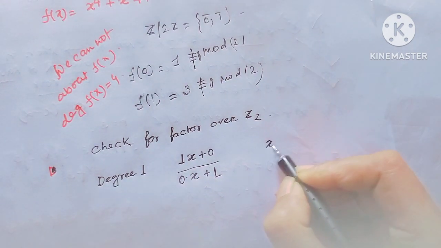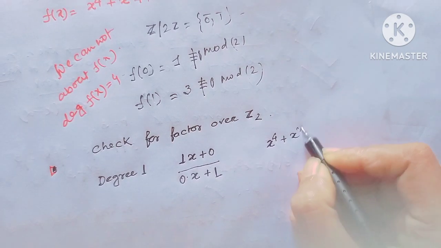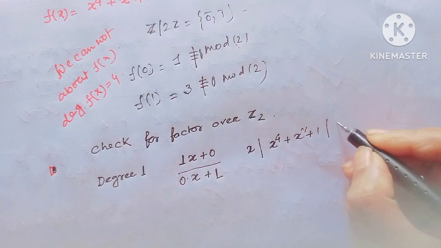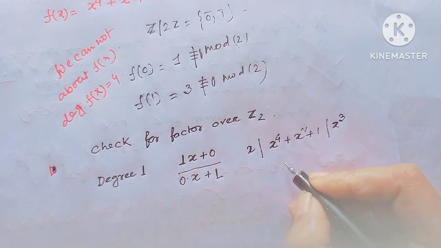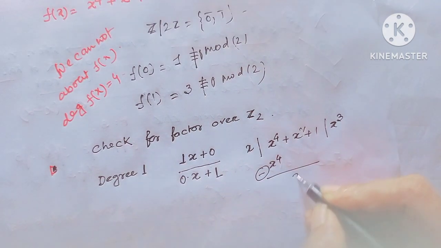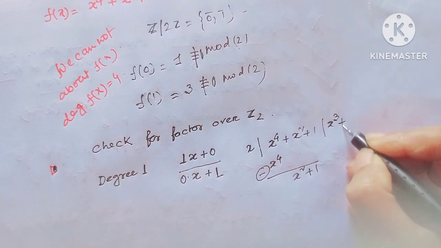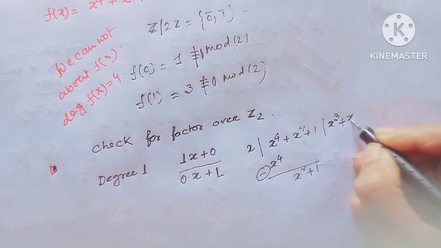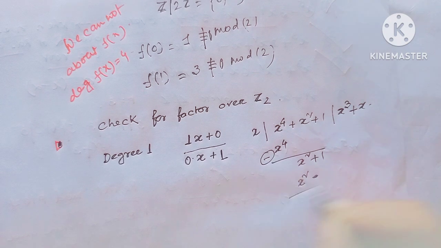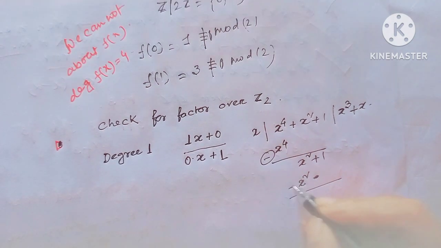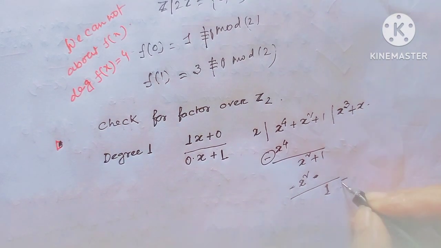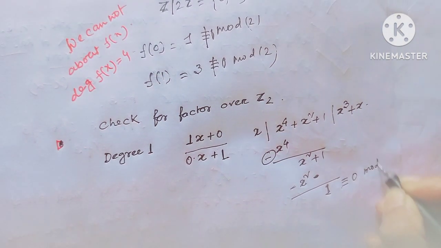Here x to the power 4 plus x square plus 1, at x, for x cube this would be x to the power 4 minus x to the power 4, then x square plus 1, plus x, this would be x square, then this would be cancelled, then this value is 1, and this is not equal to 0 in mod 2.